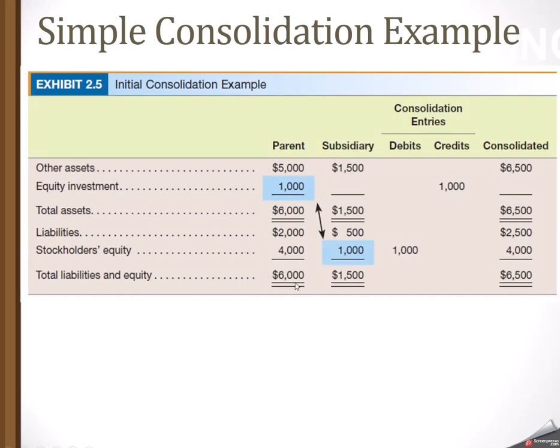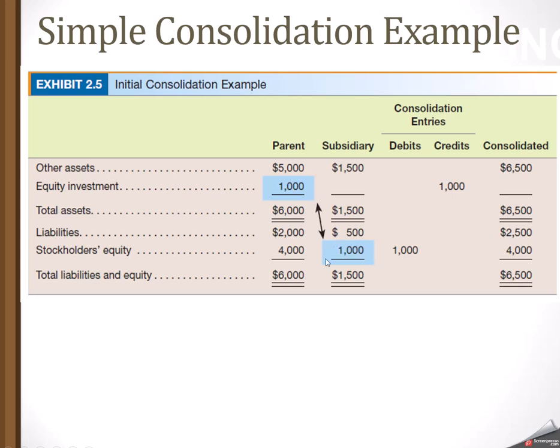So we can't just simply add them straight across. Here's an example again of that same $1,000. We're going to eliminate the equity investment, so we're going to credit that, and then we're going to eliminate the stockholders' equity of the subsidiary company, because the parent owns them 100%. So the equity investment represents the equity of the sub.